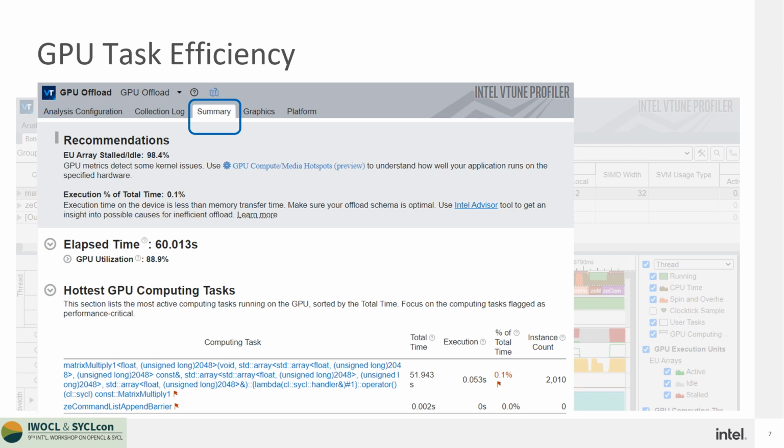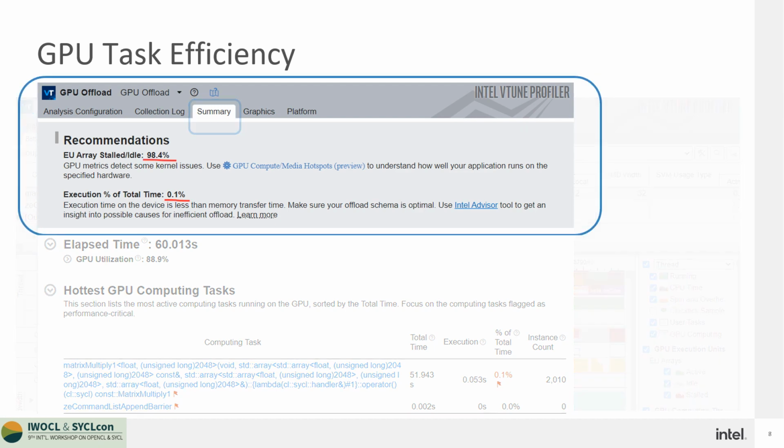Once offload analysis is completed, VTune presents some measured metrics and recommendations on what might be wrong with the execution of our tasks. In this case, we've been working with a very bad application, and VTune notices that most of the time the execution units were stalled or idling, and that's why we need to take a closer look into the particular kernels or tasks being executed.